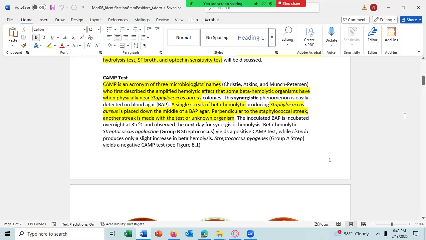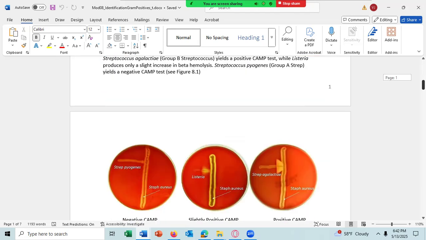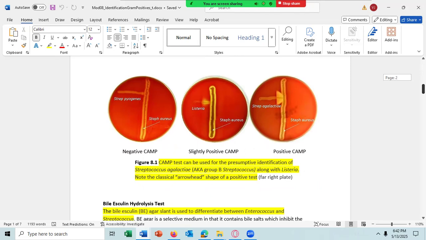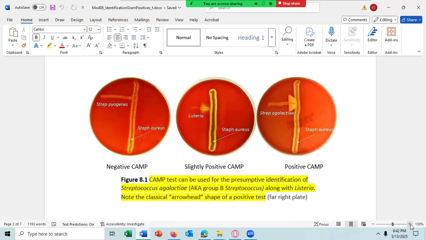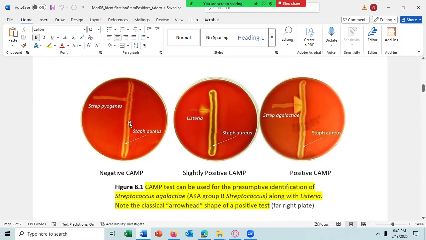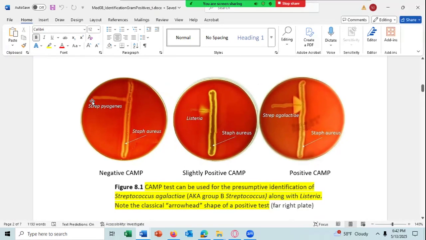What you do is you take a single streak of beta hemolytic Staphylococcus aureus, let me blow this up a little, and streak it across a blood agar plate. The white area there is the beta hemolysis caused by Staphylococcus aureus. You then take your test organism and streak it in a perpendicular line to the Staphylococcus aureus.